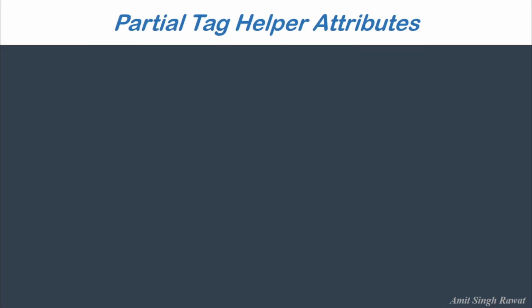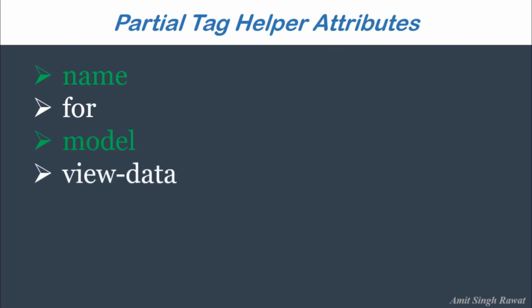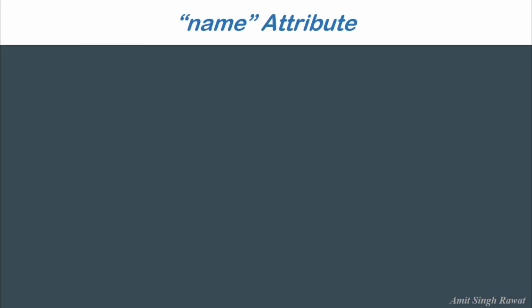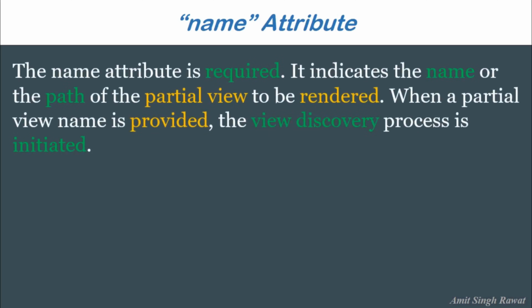So out of the box, Microsoft provides 4 tag helper attributes for partial. The first one is name, the second one is for, the third one is model, and the fourth one is view data. We already covered the first one, which is name, in our previous video. Just to recap, the name attribute is required.